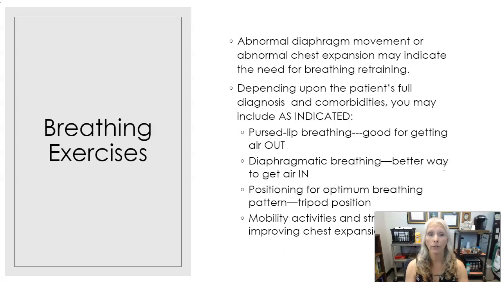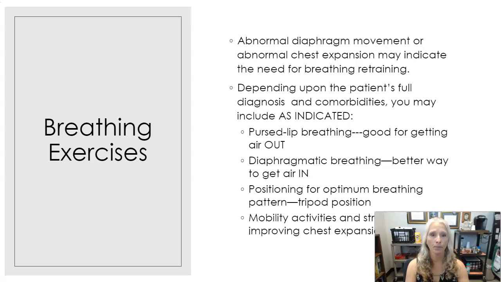Diaphragmatic breathing, which is good for getting air in. Positional breathing, which means teaching them to sit up if they have difficulty breathing in a recumbent or supine position, or tripod positioning for increased use of accessory muscles. And then we also do some chest wall stretching and mobility activities to make sure that they're not compromising their ability to expand their lungs.